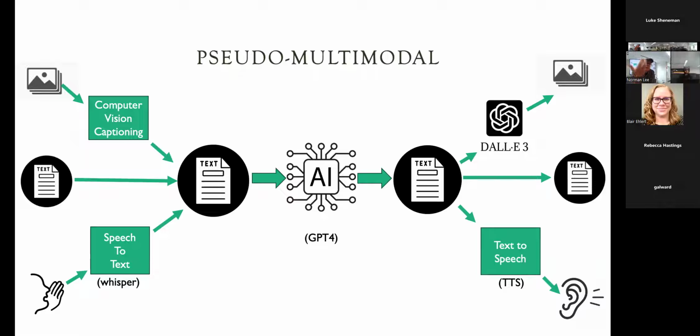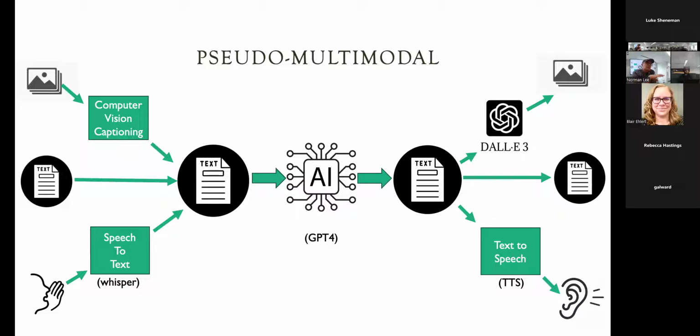You can have pseudo multimodal models. Like GPT-4 was like this, right? I'm not talking about 4o, I'm talking about GPT-4 from OpenAI, which was a text-to-text model, right? It would take as input text, it would output text. But you could combine that with other models. For example, a model that could take an image and convert it into a caption and then feed it into GPT-4.